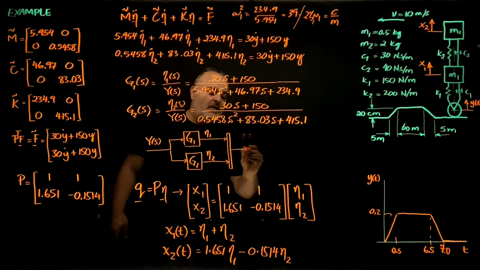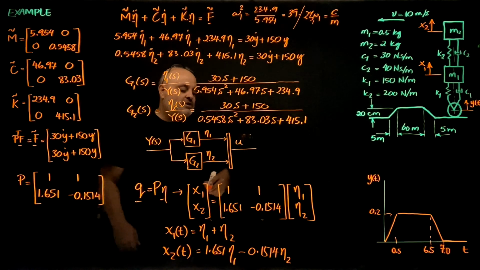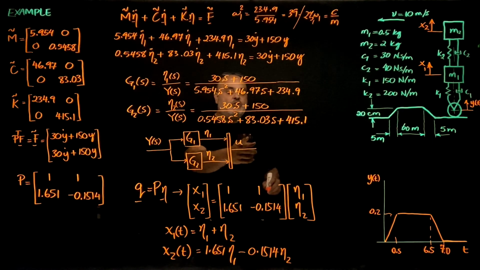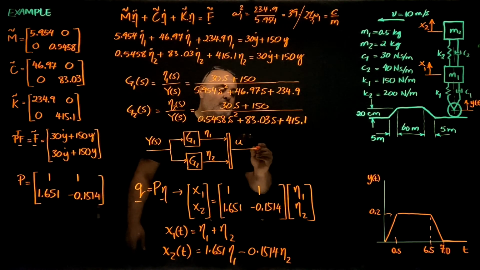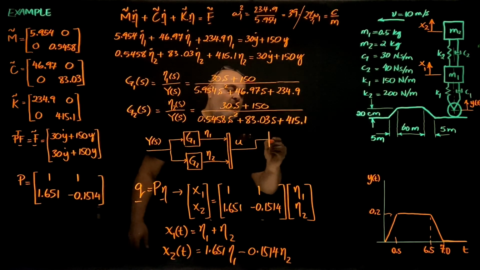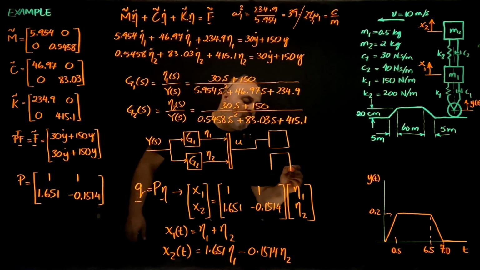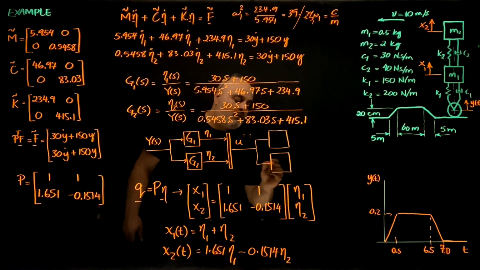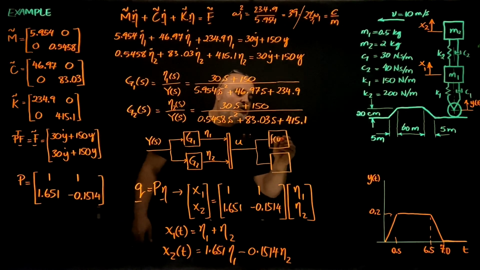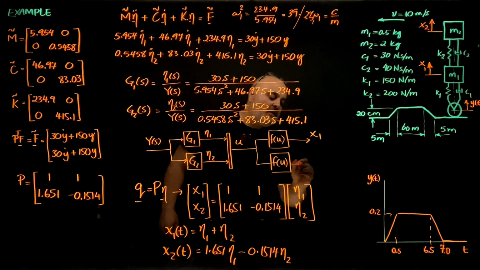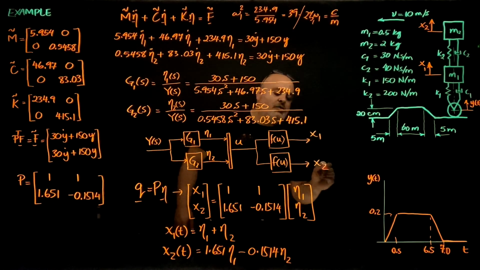I get u, which is basically the vector eta, which includes u1 is eta 1 and u2 is eta 2, and use this on two user-defined functions, f of u, and the output here is going to be x1 and x2.